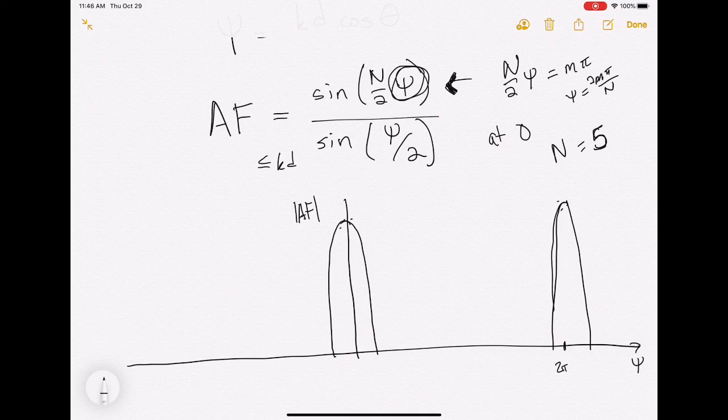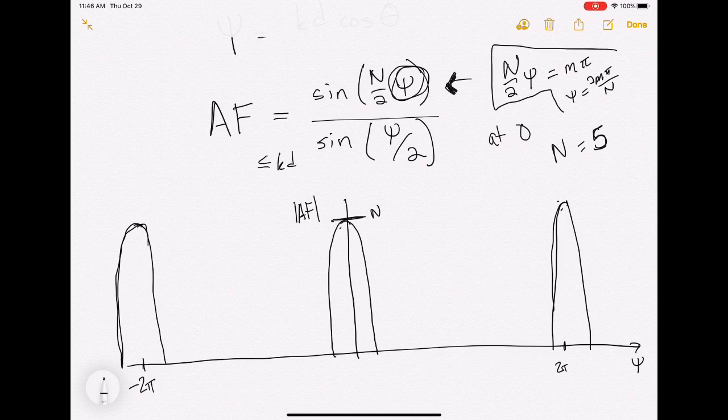And like I said, the value of these maxima will be n. There could be another maxima at minus 2 pi. And at any other multiple of 2 pi that is within the range, which we're going to talk about in a minute. And then we'll have zeros at these locations where psi equals 2m pi divided by n.